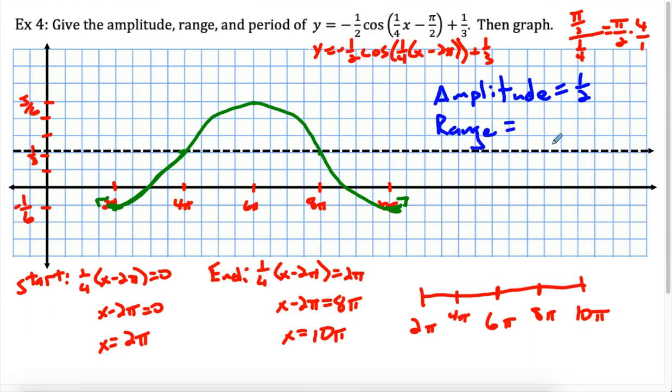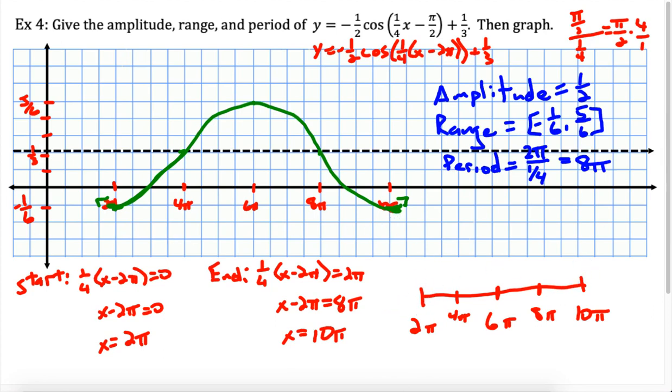The range is going to be -1/6 to 5/6. And finally, the period is 2 pi divided by my b value, which was 1/4. So 2 pi divided by 1/4 is a distance of 8 pi. From 2 pi to 10 pi is a distance of 8 pi.